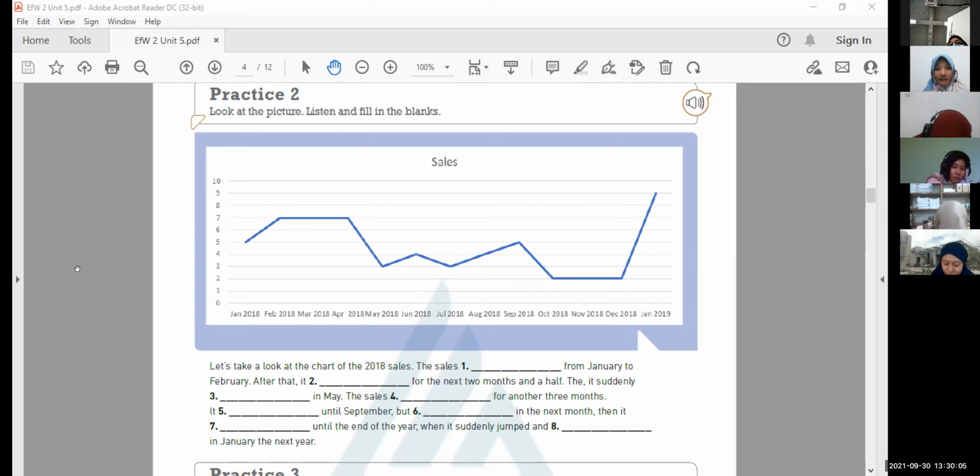After that, it went steadily constant for the next 2 months and a half. Then, it suddenly dropped in May. The sales fluctuated for another 3 months. It rose until September, but fell in the next month. Then, it flattened until the end of the year, when it suddenly jumped and reached the peak in January the next year.